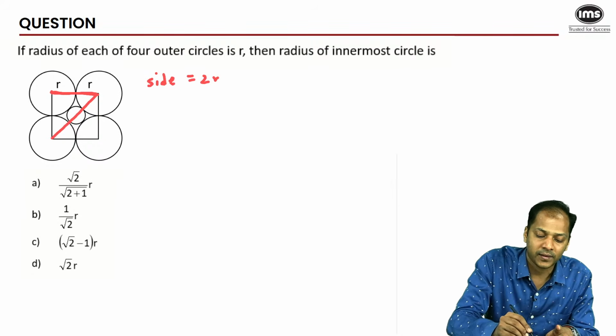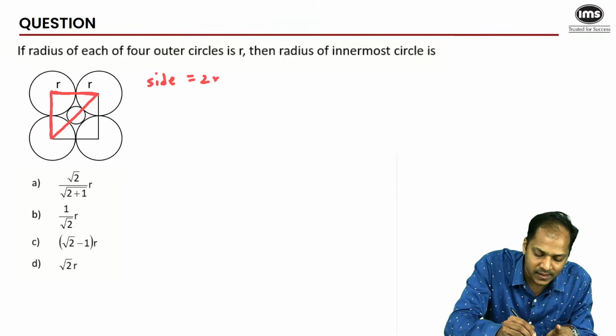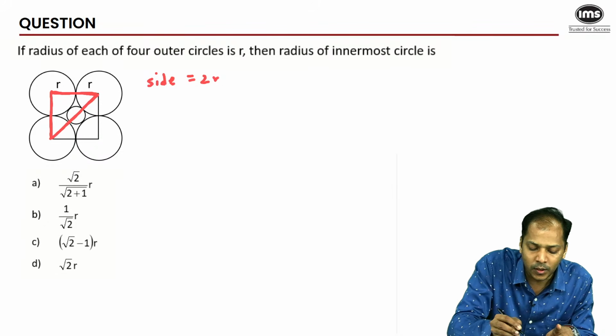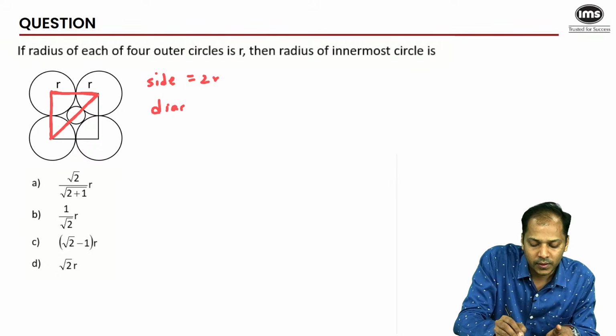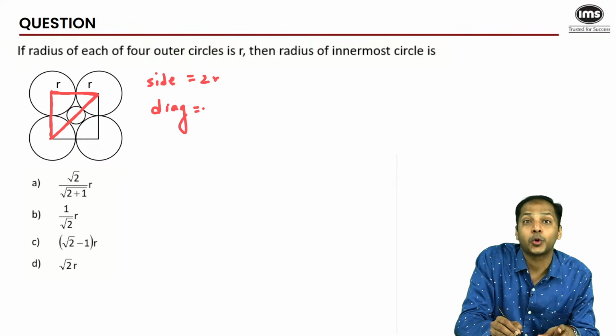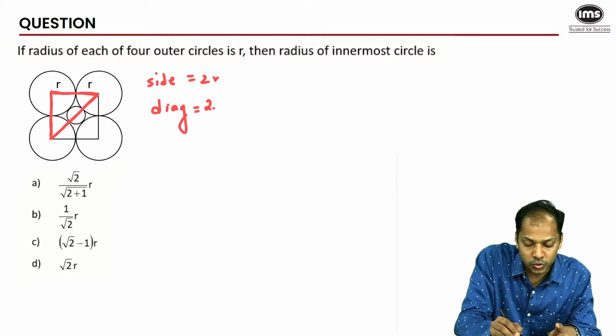2r. If the side of the square is 2r, the diagonal of the square is root 2 times the side, so it's 2 root 2 times r.